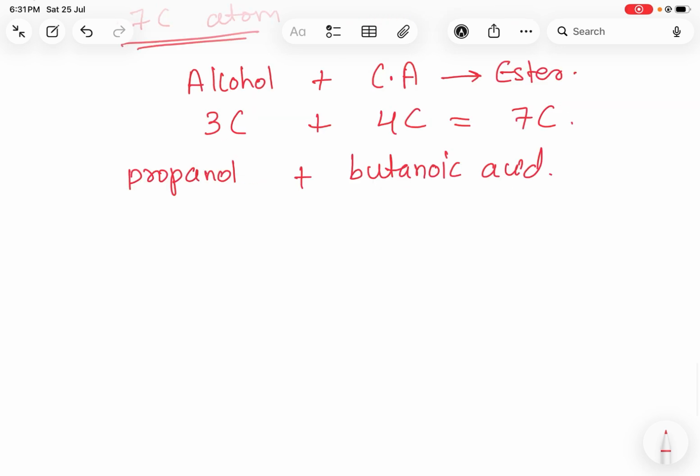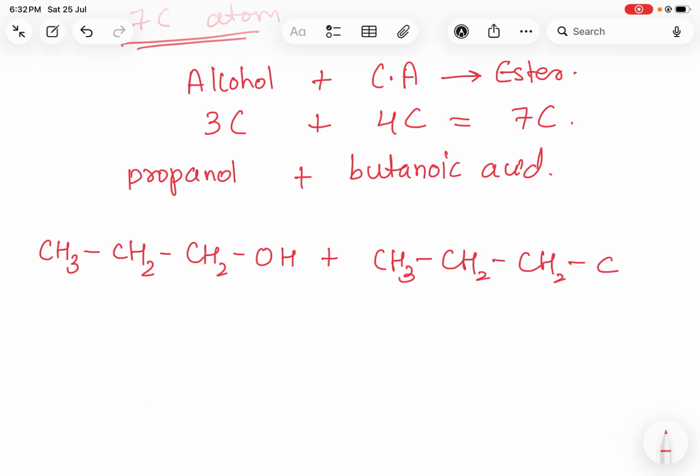Okay, so let's draw the structure. So we have propanol, which is CH3, CH2, CH2, OH plus butanoic acid, CH3, CH2, CH2, C double bond O, OH.